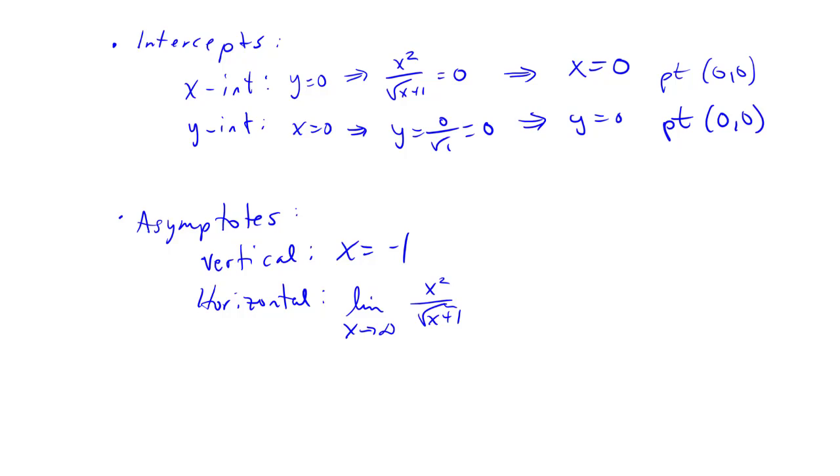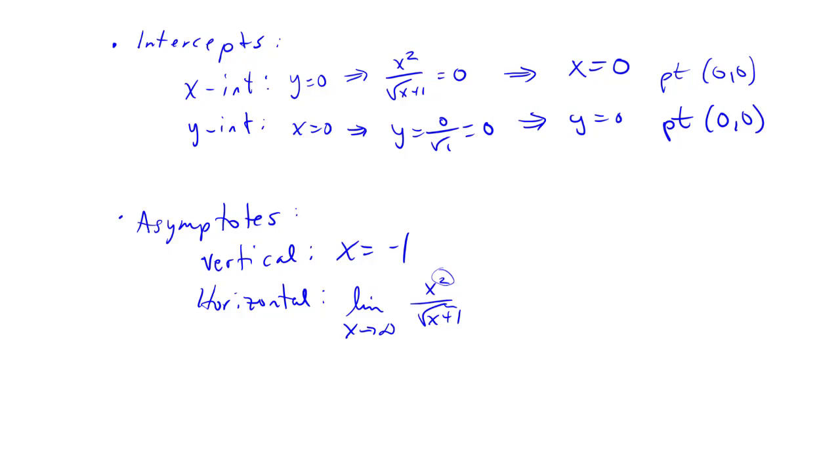Okay, so now notice that we have basically a power of x squared on top and basically an x to the 1/2 on the bottom, which means that we have the top dominating over the bottom.